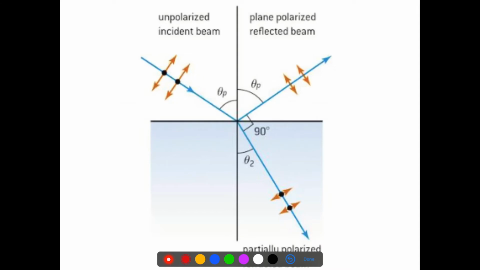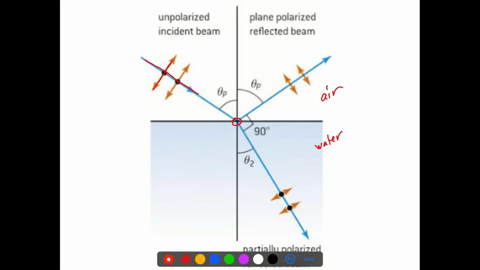Another idea that I need to mention with polarization before we do a little bit of math with it is this. When I have a light beam that's going to be reflected off a surface, so I've got maybe water down here, and I've got air up here. The light is coming in as an unpolarized beam, which means the light's going in all directions: horizontal, vertical, coming in and out of the page.